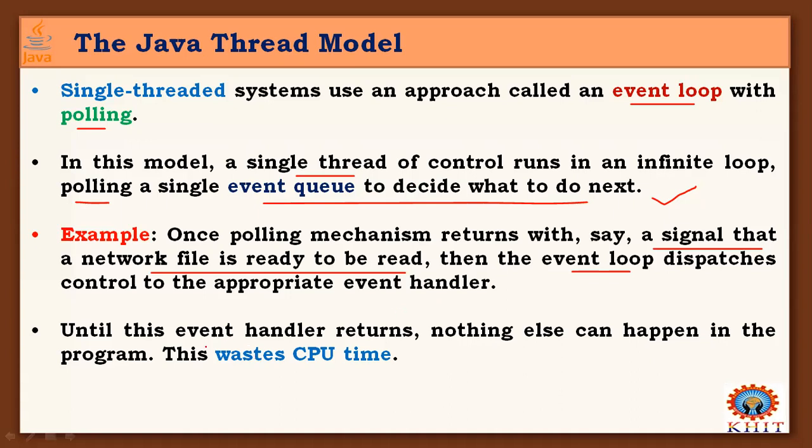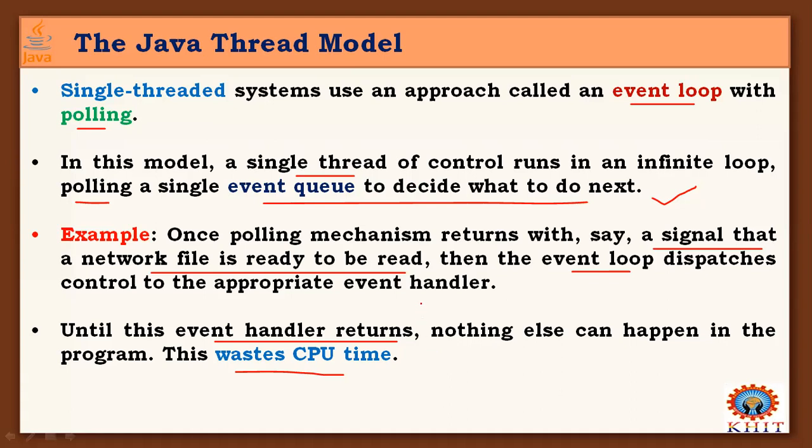Until this event handler returns, nothing else can happen in the program, which automatically wastes CPU time. When the event handler goes to read a file on a network, until it returns, nothing can happen in the program. Everything will pause and wait for that handler to return. So this is the drawback in a single threaded system.